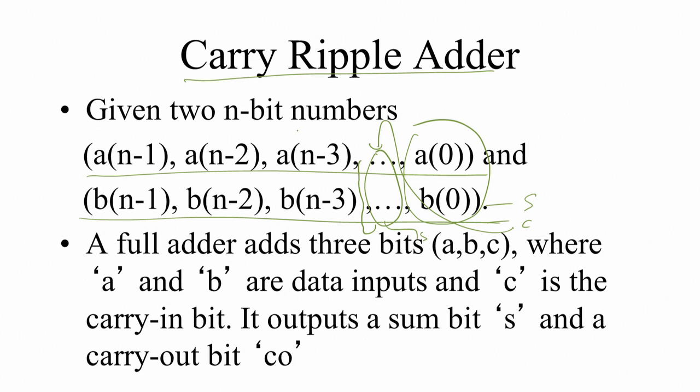The basic module for a carry ripple adder is what we call a full adder, which adds 3 bits A, B, C, where A and B correspond to the input bits and C is the carry bit that is coming from the previous stage. It outputs 2 bits, one is the sum bit and another is the carry out bit, which is passed on to the next stage. We have seen this in detail, and we have also implemented this in the previous course.